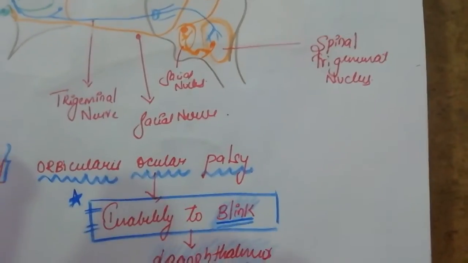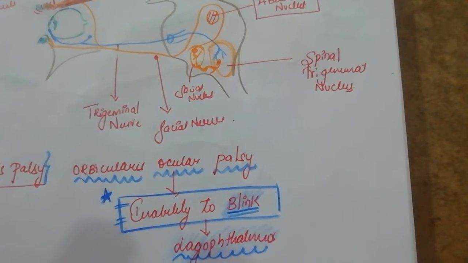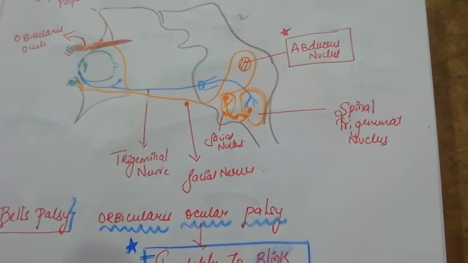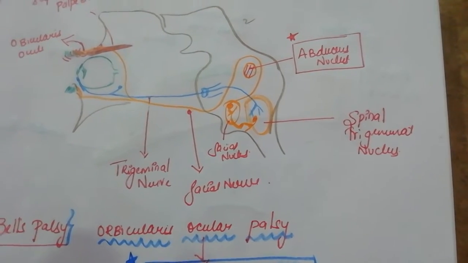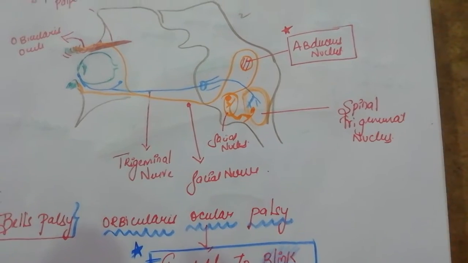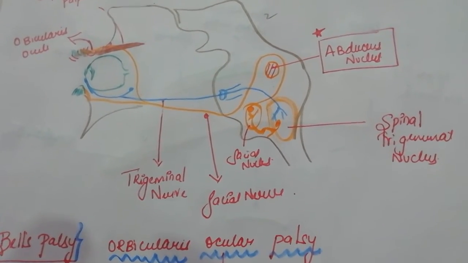From the long ciliary nerve, then the nasociliary nerve, then the ophthalmic nerve, then the trigeminal nerve, where does it go? If you look at the blue line, it goes to the spinal trigeminal nucleus. So the brain receives the signal that somebody has placed a swab on the cornea.